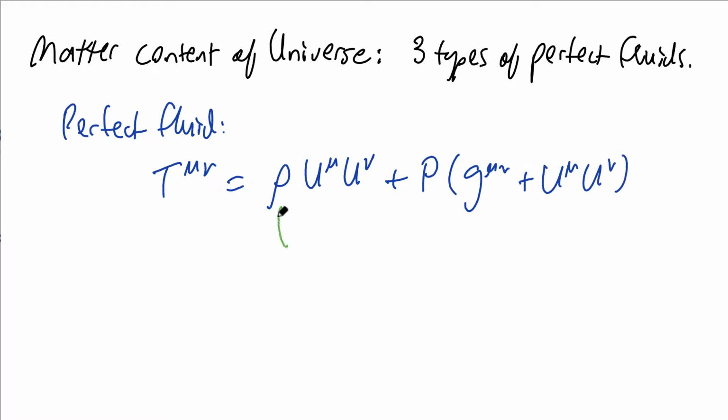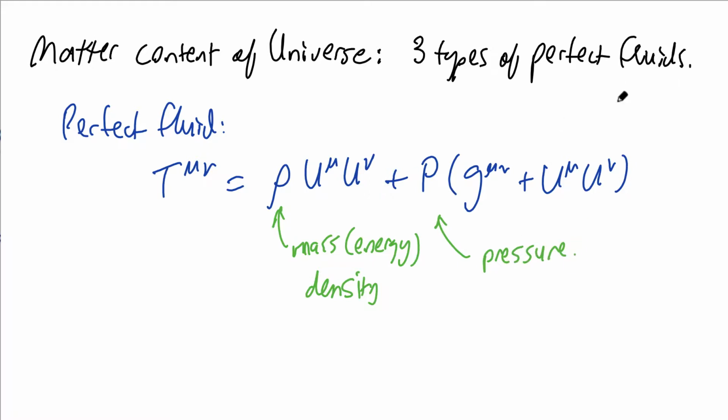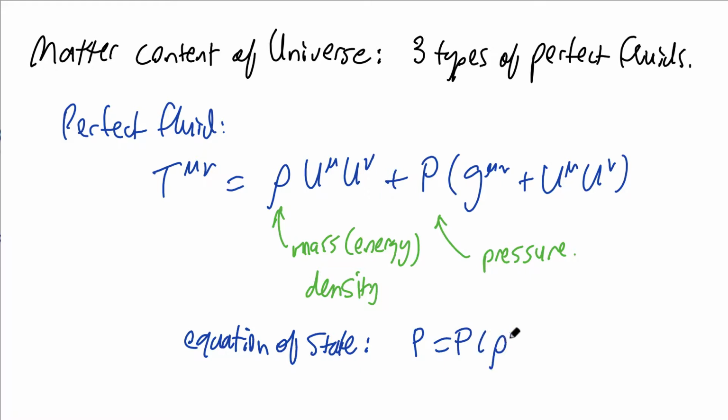So rho is the mass density or energy density, and P is the pressure. And the relationship between mass density and pressure is given by an equation of state, which tells how P depends on rho.